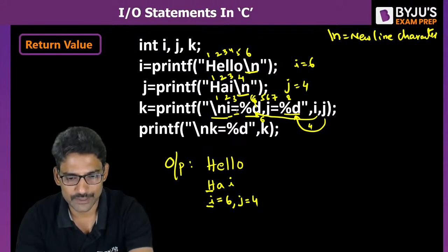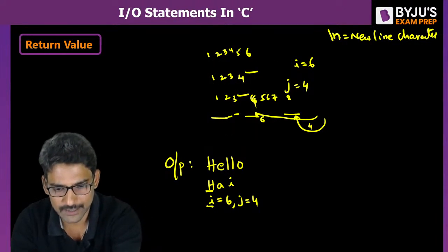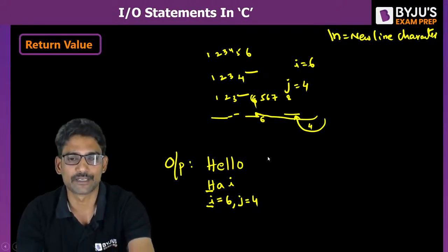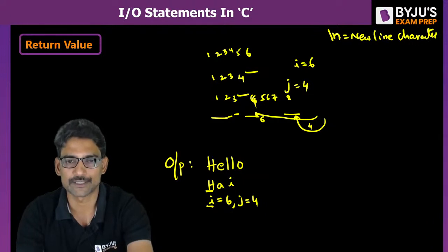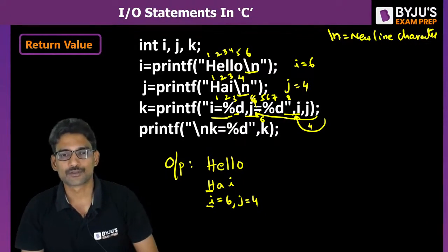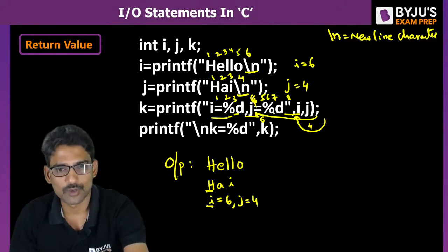Okay, let me remove this backslash n in the k. In the k equal to printf statement, I am removing backslash n. So you tell me now, what would be printed?